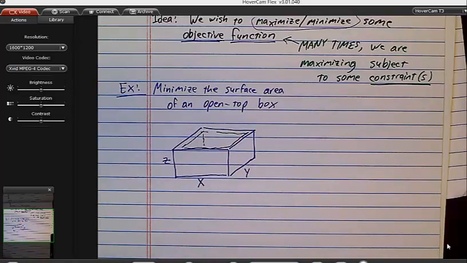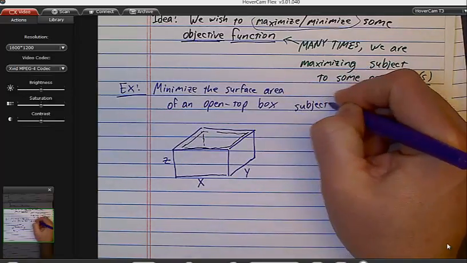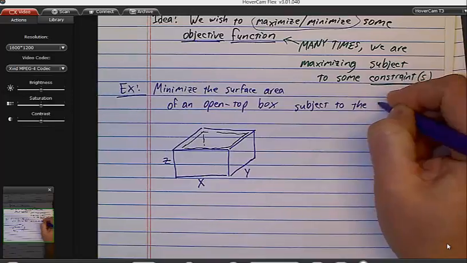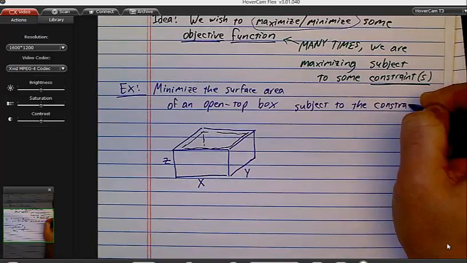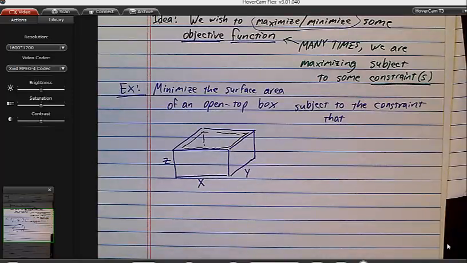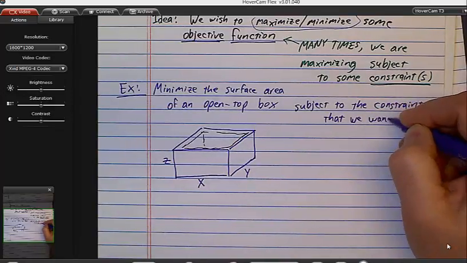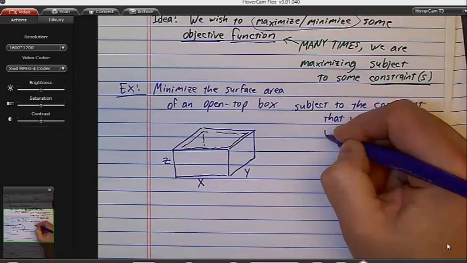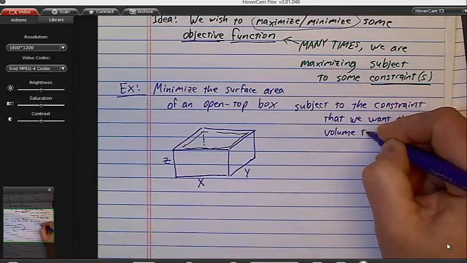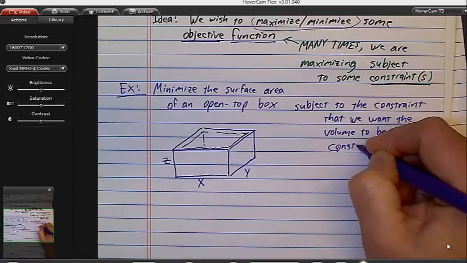Let me continue this way and say, subject to the constraint that we want it to hold some volume. We want the volume to be, I'll just say some constant V.